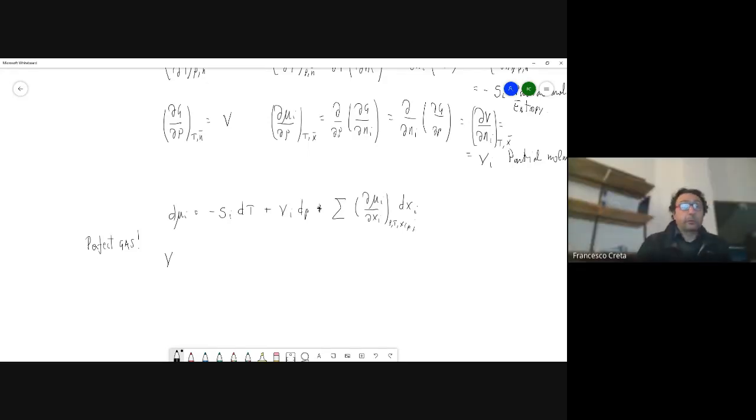We will specialize this to a perfect gas now. We're concentrating on a particular thermodynamic system. We know that the volume can be written as R, this is a very bad R, but it's the universal gas constant, T, N divided by the pressure.